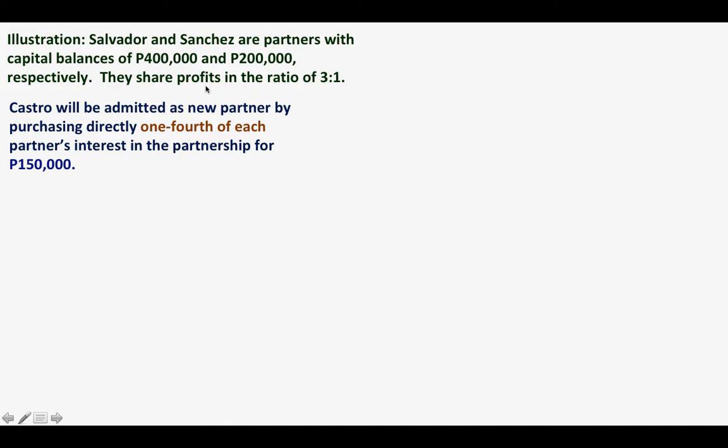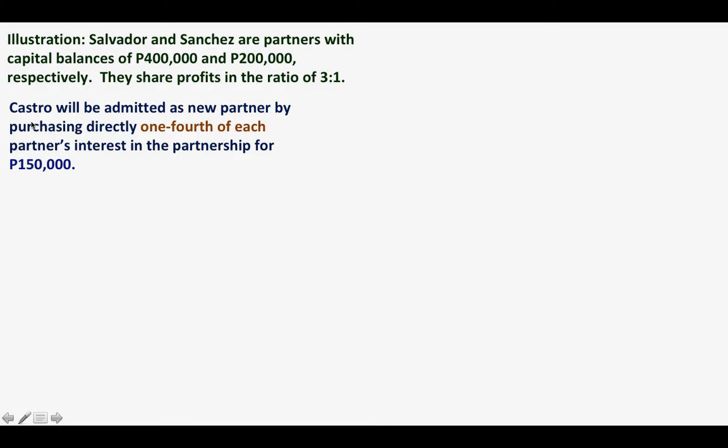However, if the profit ratio is not given and the capital balances are given, then we have to compute the profit ratio based on the capital balances. So in this case, we will be using the given profit ratio, which is 3:1.